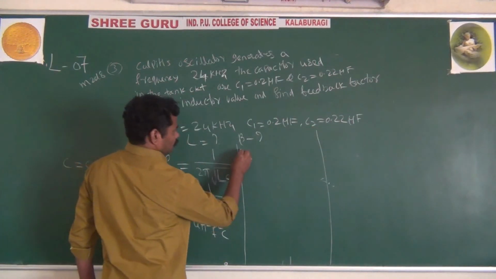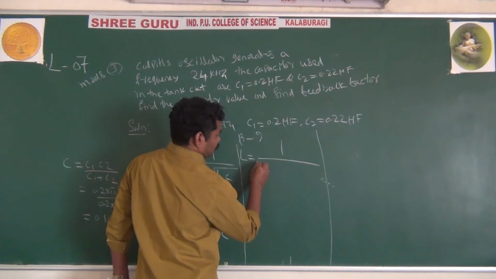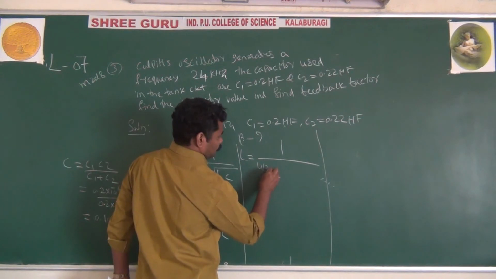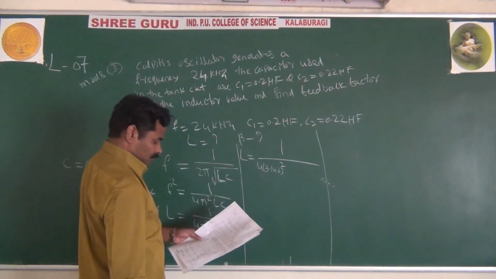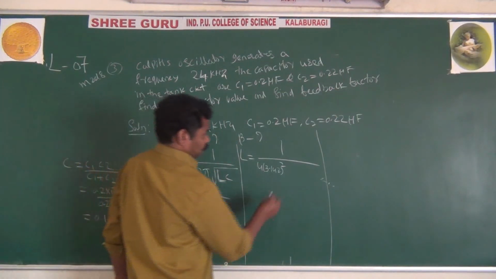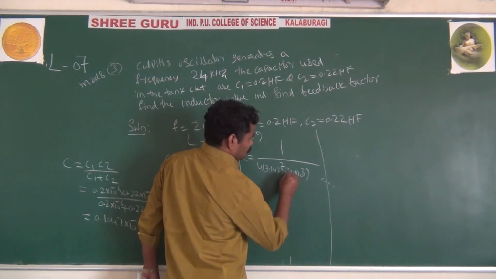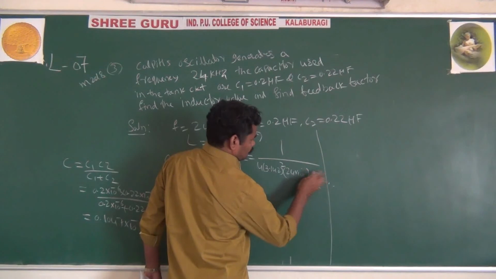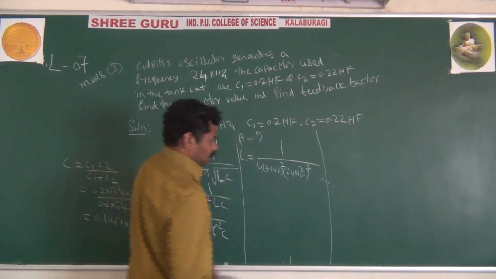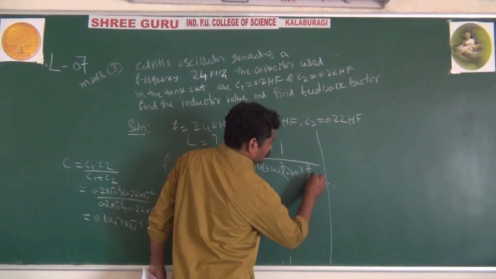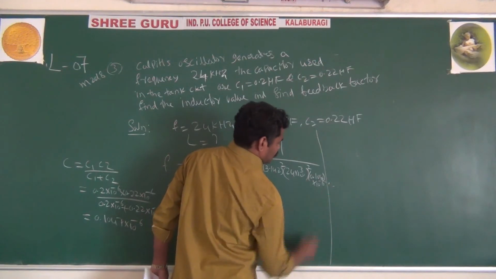You will get L is equal to 1 divided by 4 into 3.142 square, and also you have to do the f square, 24 into 10 to the 3 square, into the C value, that is 0.1047 into 10 raised to minus 6 farad.